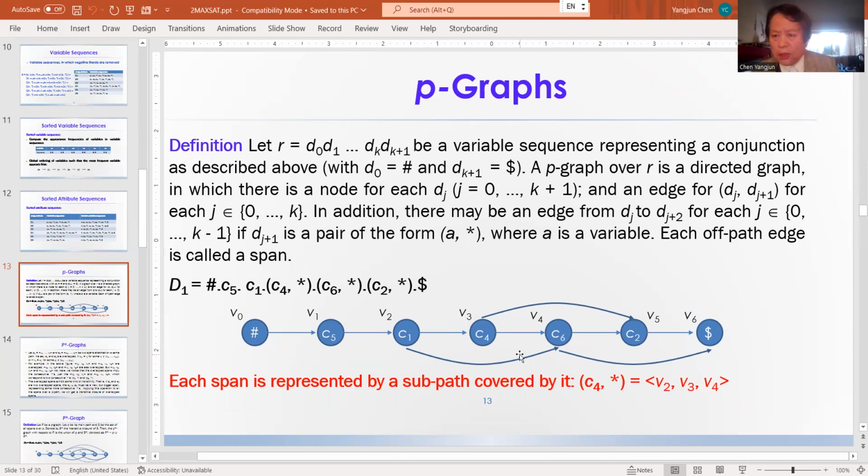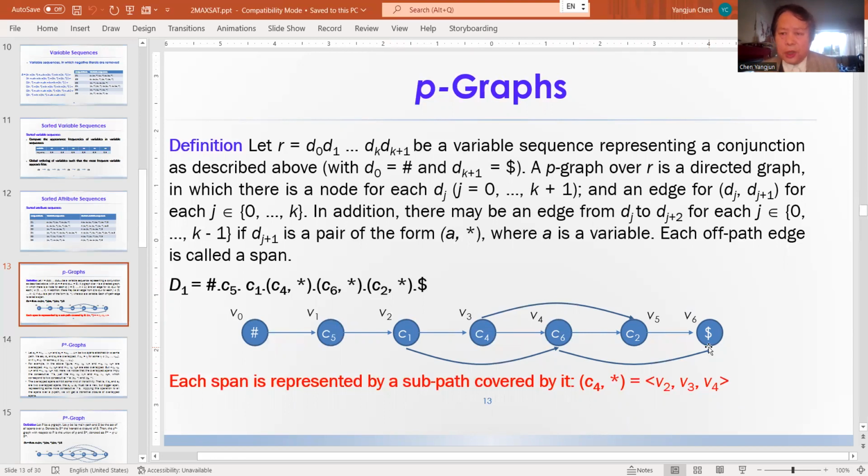In this P-graph, we can see this spine is overlapped with this spine, and this spine is overlapped with this spine. But you should notice that this spine is connected to this spine, but not overlapped.